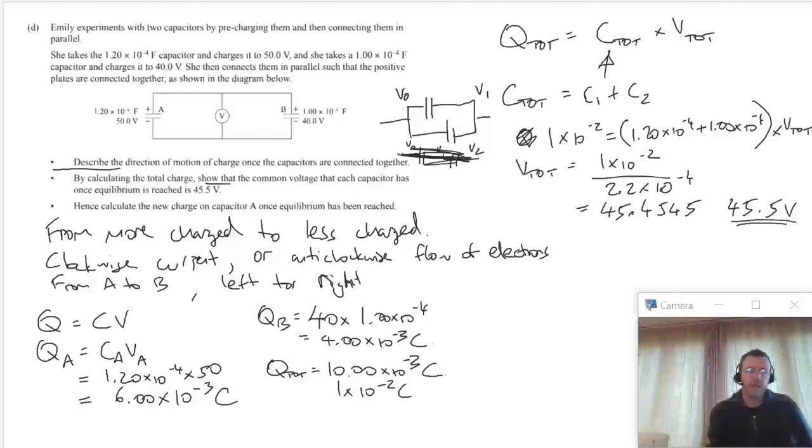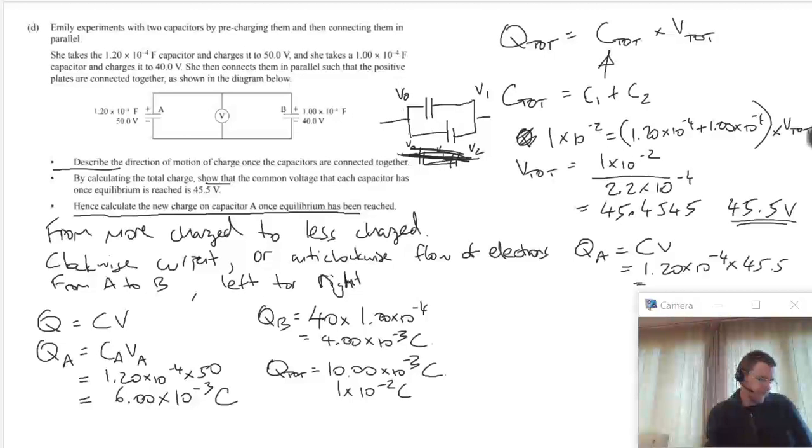And hence, we've still got one more step, hence calculate the charge on the capacitor. So QA equals CV equals 1.20 times 10 to the minus 4 times 45.5, which is 5.45 times 10 to the minus 3 coulombs.